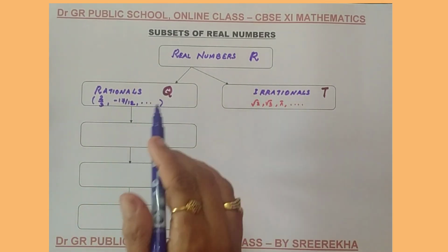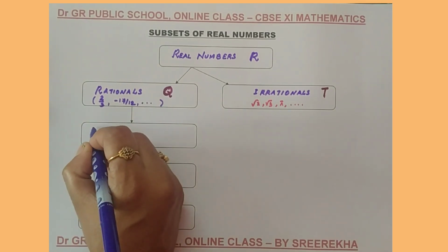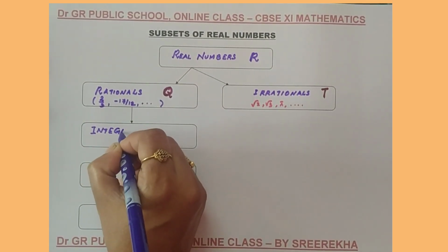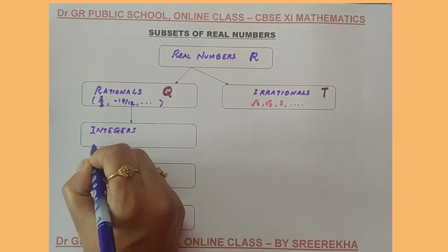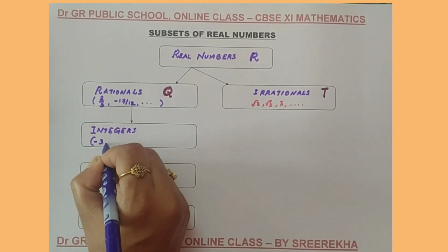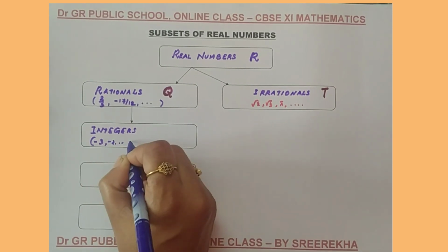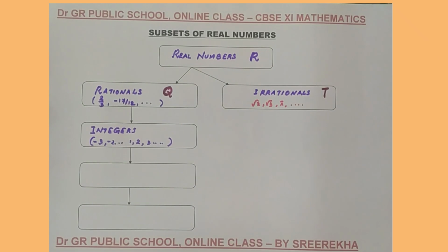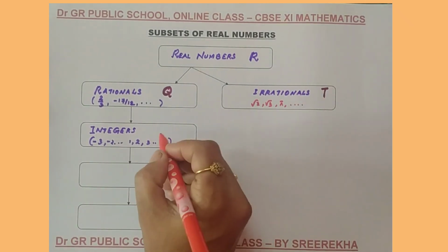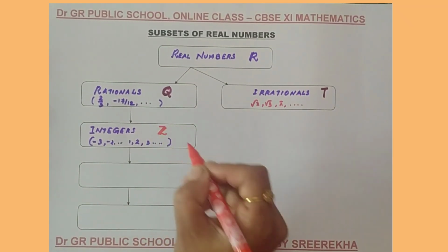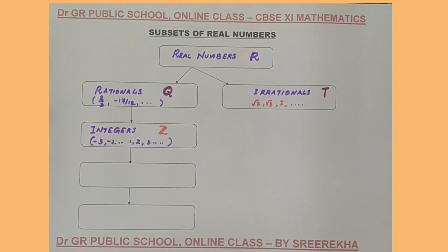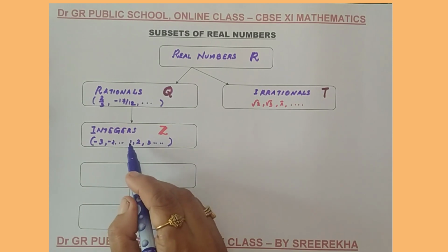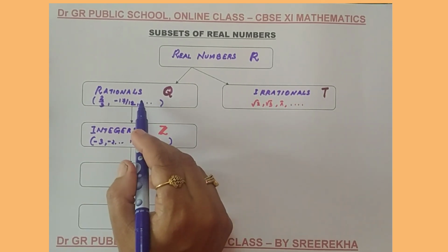But among the rationals, you can see one more set of numbers, the integers. Integers means negative integers minus 3, minus 2, etc., then positive integers 1, 2, 3, etc. Integers are usually represented with the letter Z. So within the rationals, you can say that integers are a part of rationals.